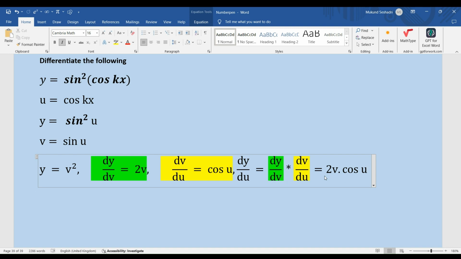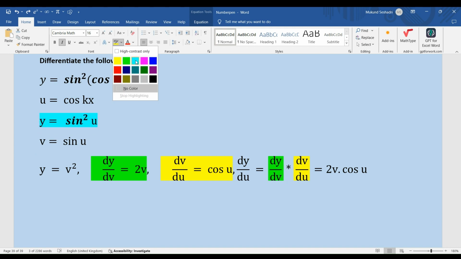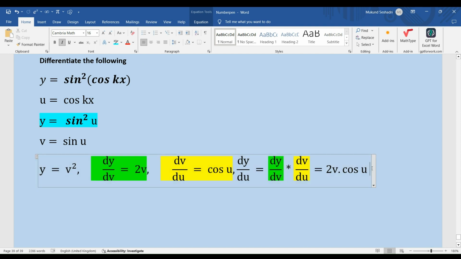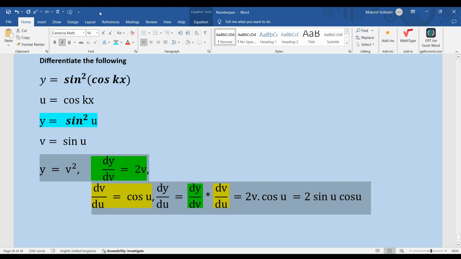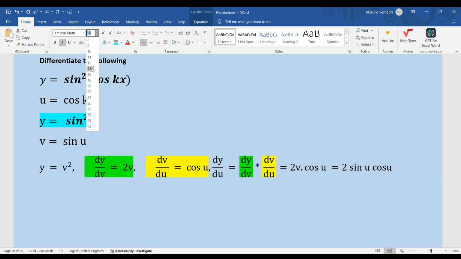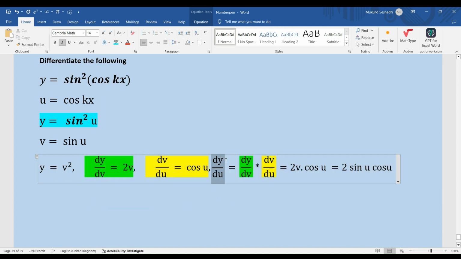I will have to put back everything in the form of u, because we are dealing with y equals sine square of u. I'm highlighting this in turquoise. So putting everything back in terms of u, I get 2 sine u cos u. So that's my dy by du.